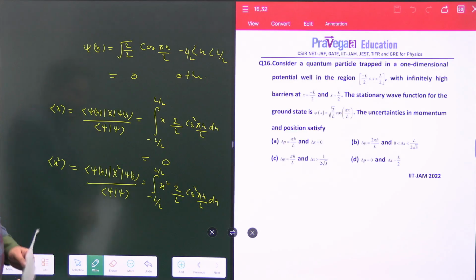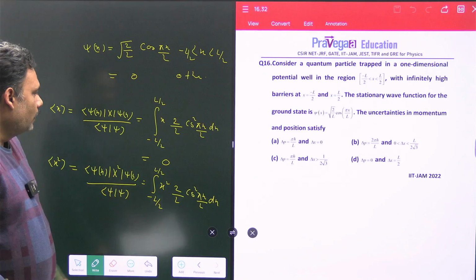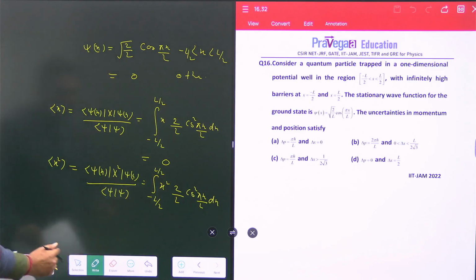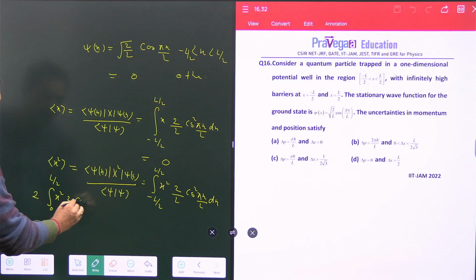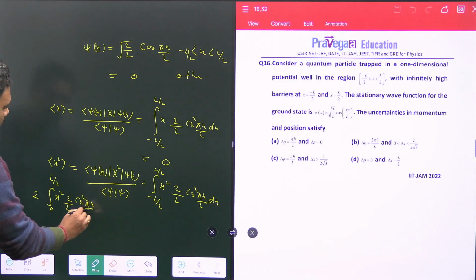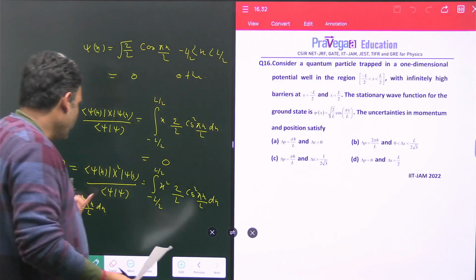Now this is an even function, and these are normalized, so this value is 1. So when we calculate it, this will be 2 times the integral from 0 to L by 2 of x square times 2 by L cos square pi x by L dx. How will you do this integral? You have to practice it yourself.